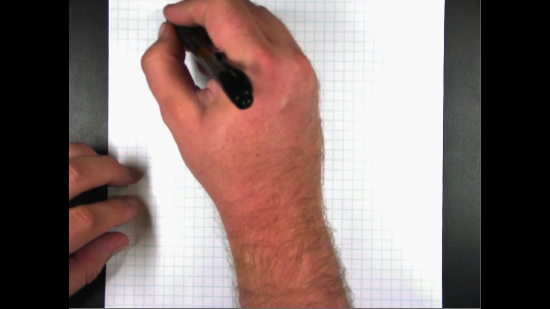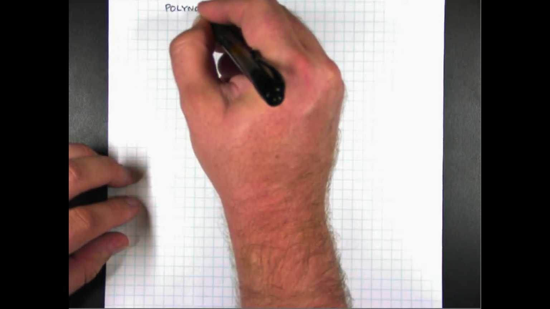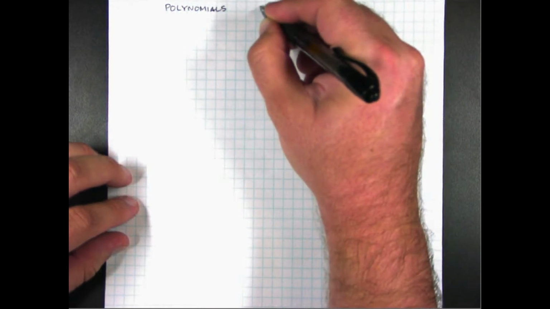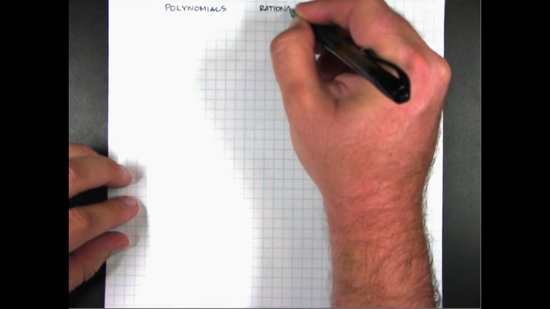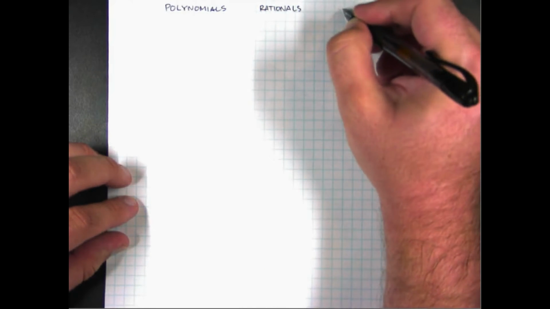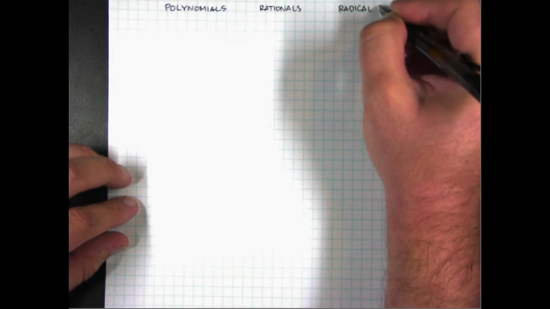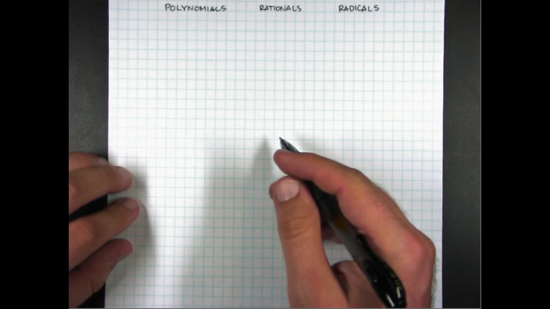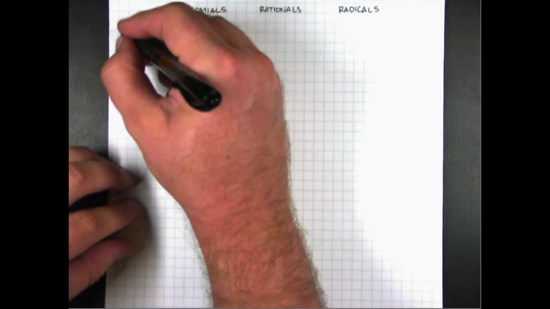We have polynomials, we have rational functions or rational expressions, and we have radical functions or radical expressions. Now, we're going to look for the domain for each of them.